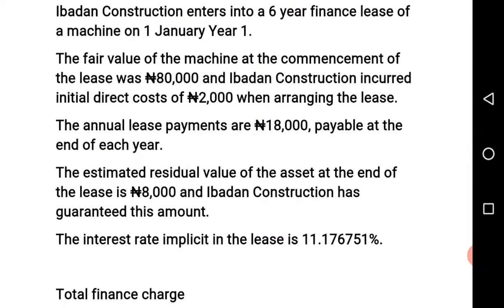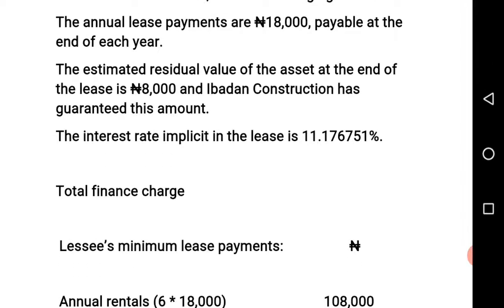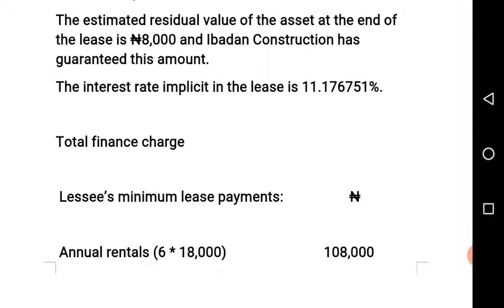The estimated residual value of the assets at the end of the lease is 8,000 and Ibadan Construction has guaranteed this amount. The interest rate implicit in the lease is 11.176751%. Total finance charge. So we have to calculate that.